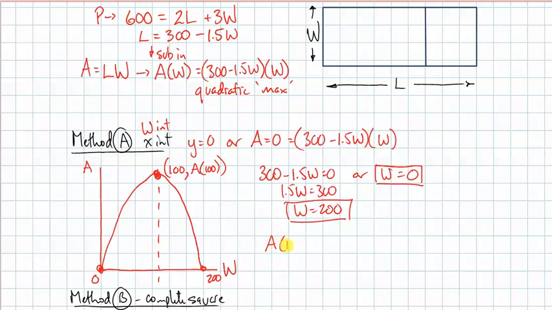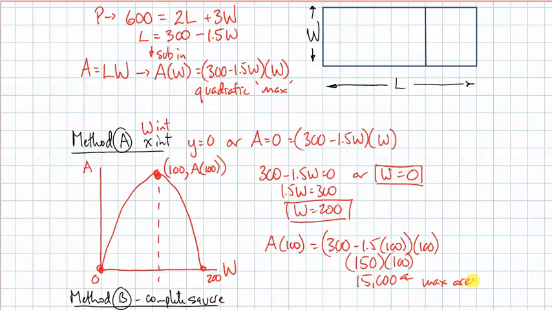Well, A of 100 equals 300 minus 1.5 times 100, times the w, substitute 100. This is 150. 300 minus 150 is 150. 150 times 100 is 15,000. And this is my maximum area, the y value of the vertex. That's one method.